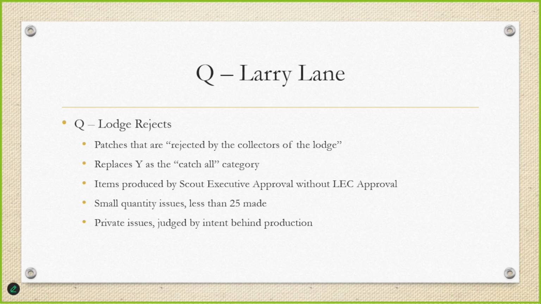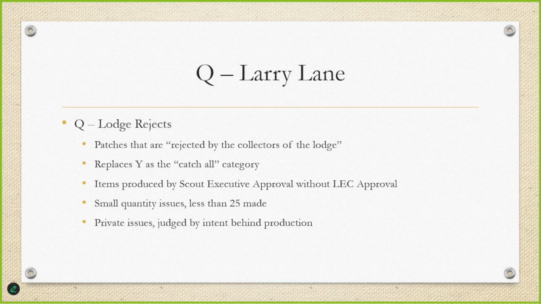A lot of those include items that were made because, at least in our lodge, if the scout executive made it without consulting the LEC at all, we consider it a Q. And you can have all the discussions you want about Supreme Chief of the Fire, this, that, I don't care.